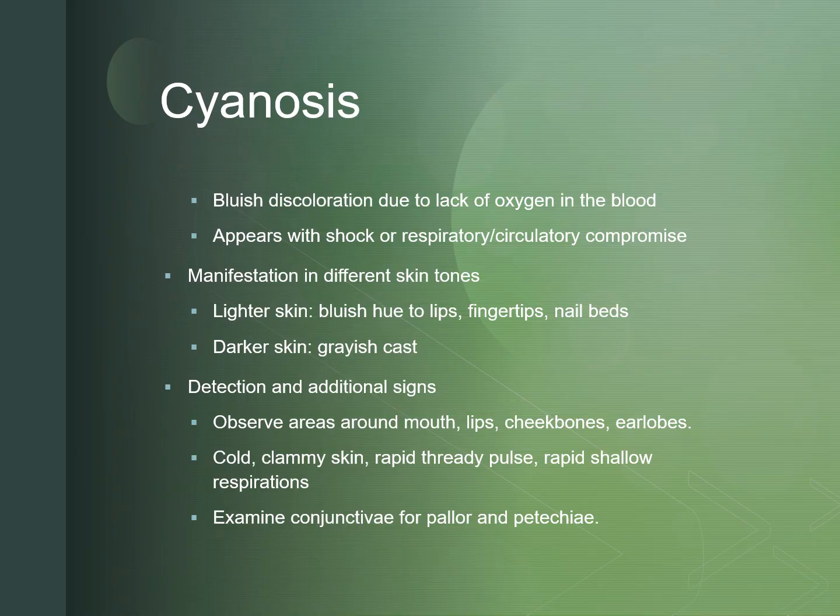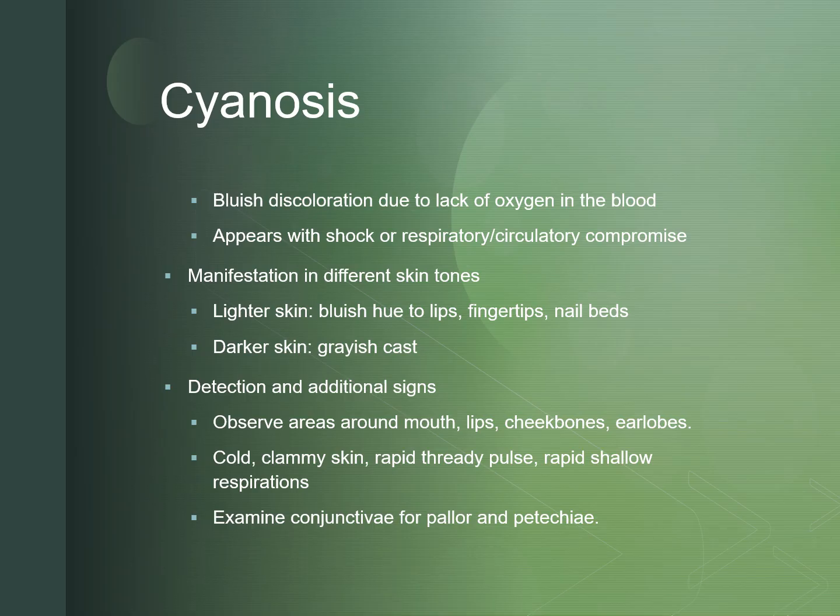So cyanosis can mean decreased oxygenation in the blood, and it can indicate impaired circulation. This is really a late and serious finding. Some common causes can include respiratory failure, cardiac issues, and shock.